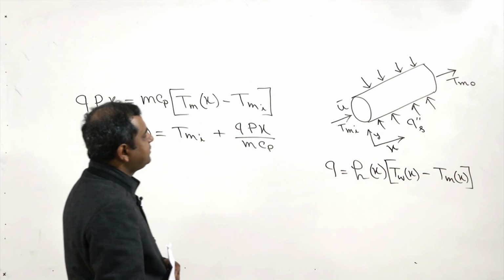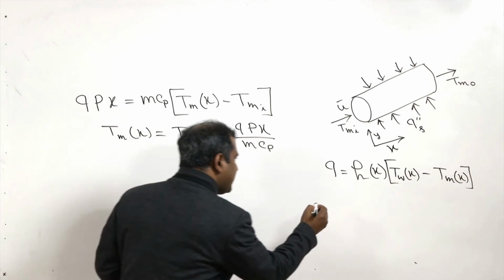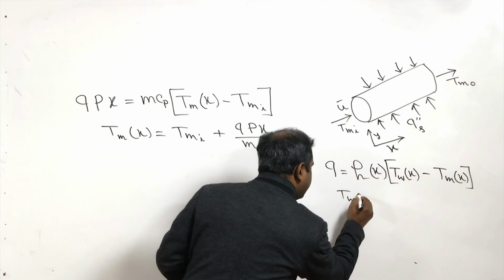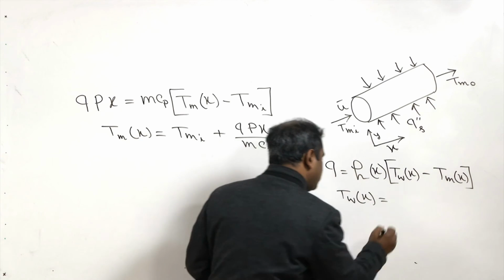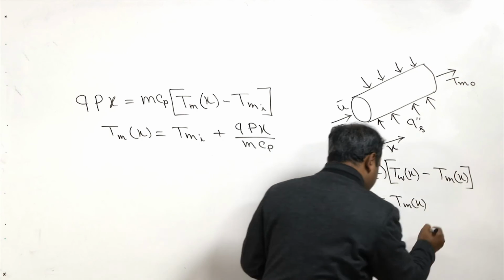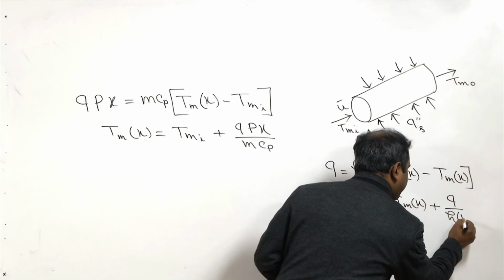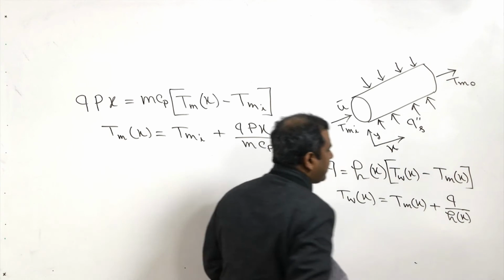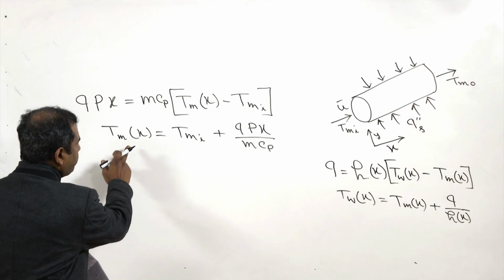So, this is from my heat transfer. From here also we can see what is the wall temperature. So, Twx is equal to Tmx plus Q by Hx. Q is a constant, so I am not taking that one as a function of x. So, this we have seen. Now, here we have already found out what is Tmx.